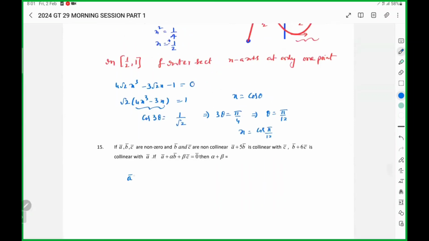Here B bar and C bar are not collinear. B and C are non-collinear. This is one piece of information. A bar plus 5B bar is collinear with C bar, so it is lambda C bar.